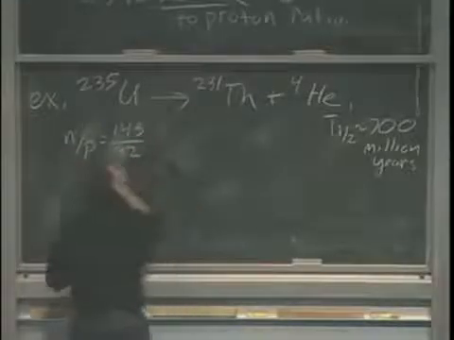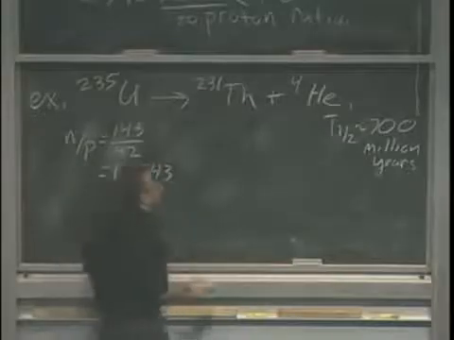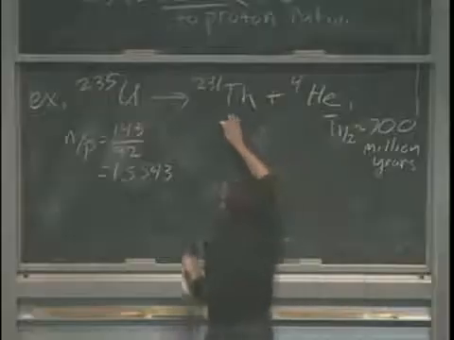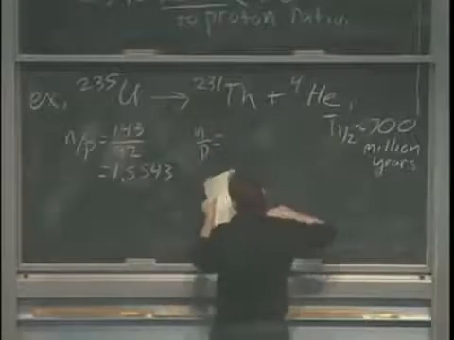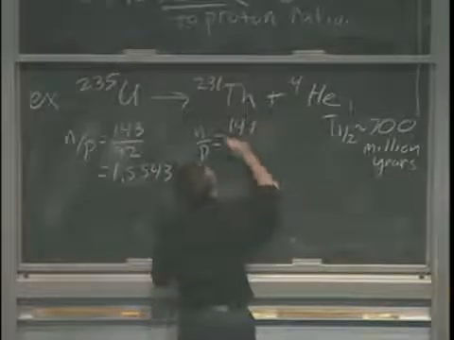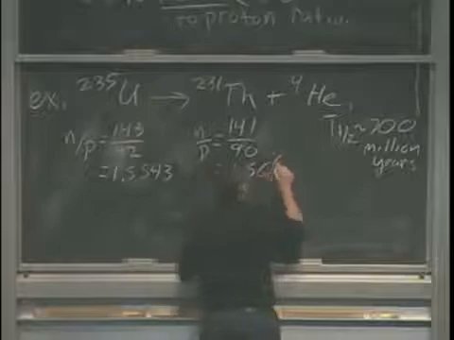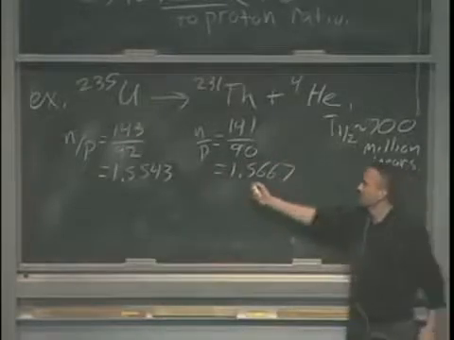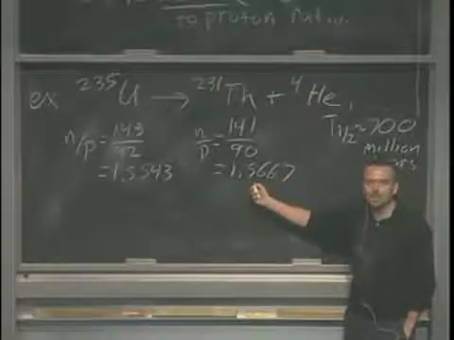So that ratio is 1.5543. And for thorium-231, this neutron to proton ratio is 141 over 90, which is 1.5667 when you put that in your calculator. So you can see that the neutron to proton ratio has gone up because of this decay.